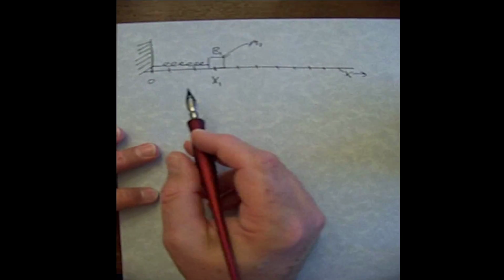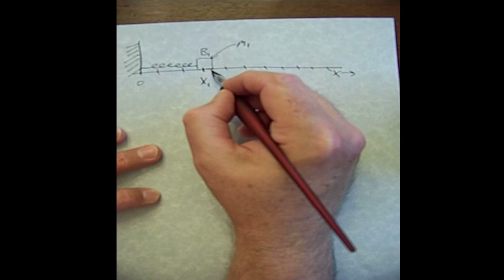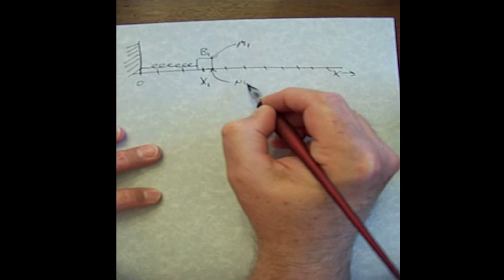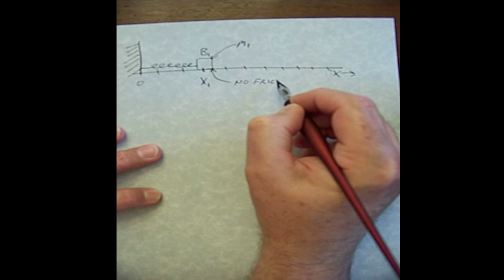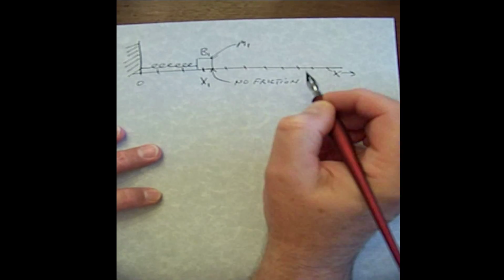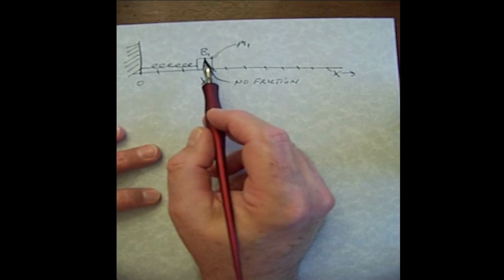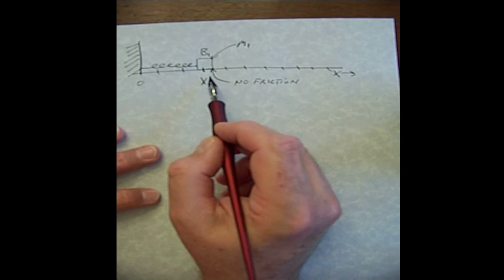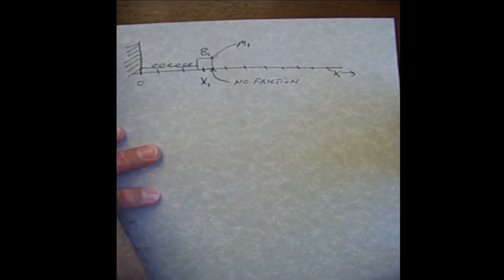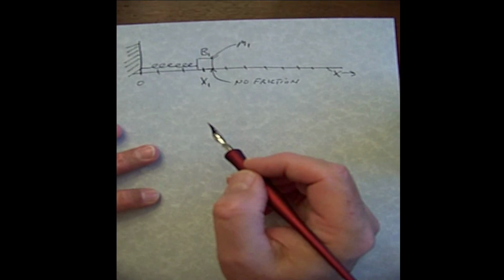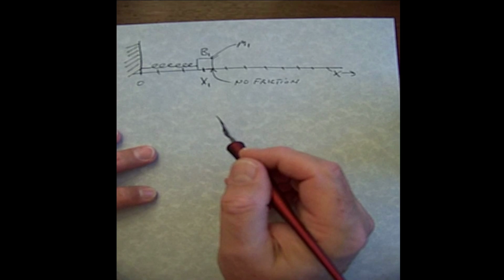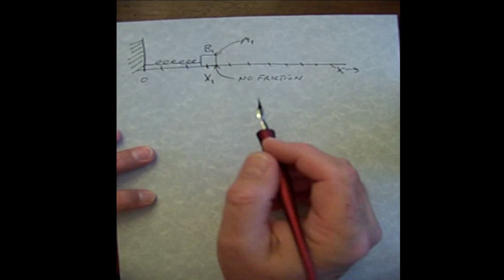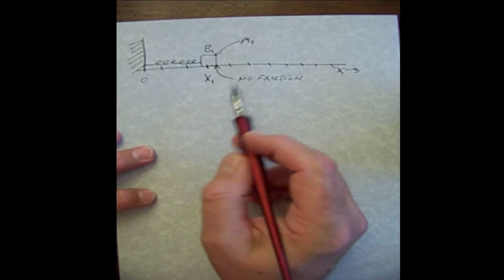Now, I'm also going to make another assumption, and I'm going to assume that there is no friction between my body and whatever it happens to be resting on. This is another of those mathematical simplifications that we like to do to keep things easy to talk about and figure out.